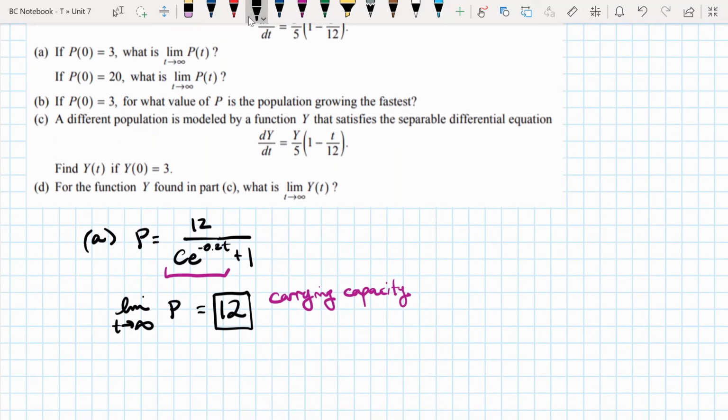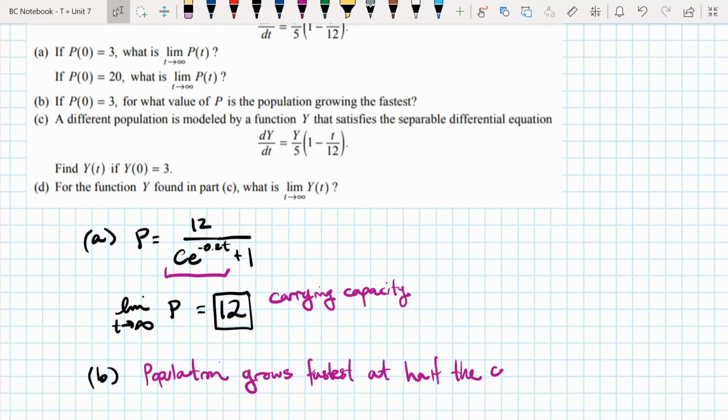All right, letter B. If P of 0 is equal to 3, when is the population growing fastest? Well, we talked about this earlier. The population grows fastest at half the carrying capacity.